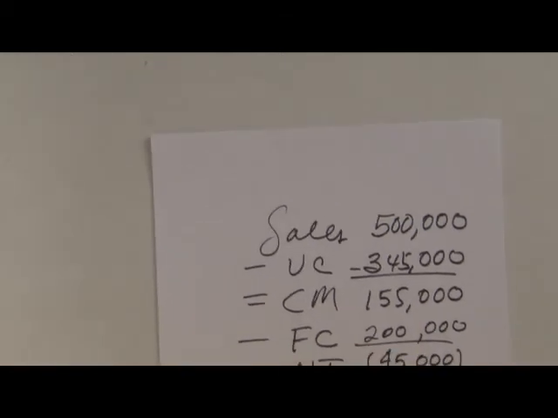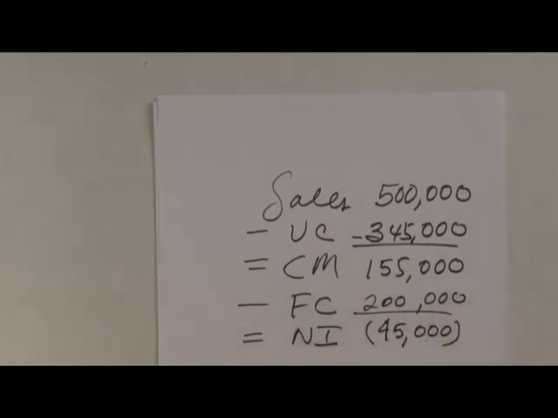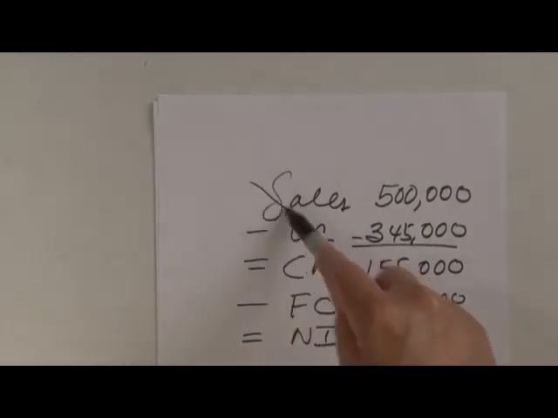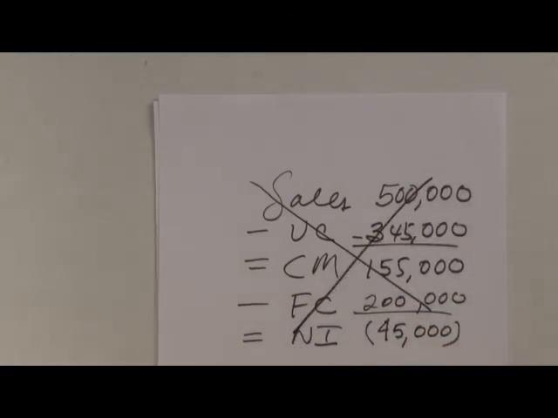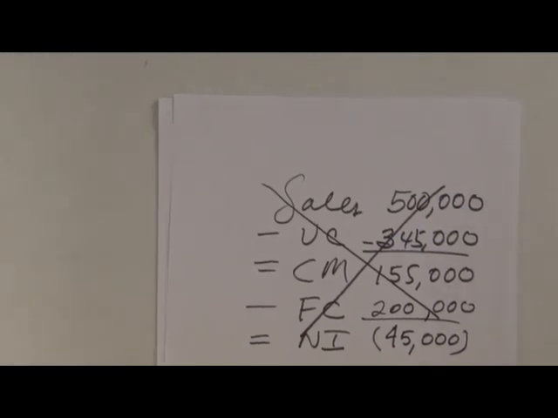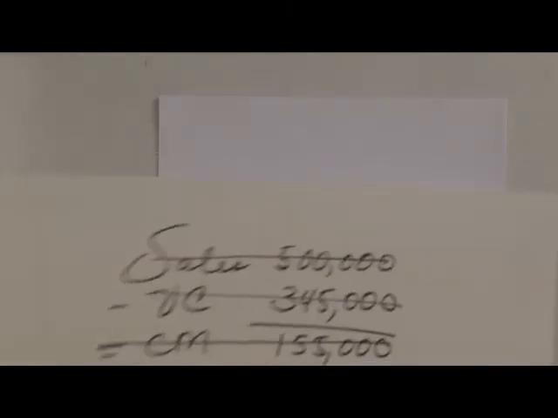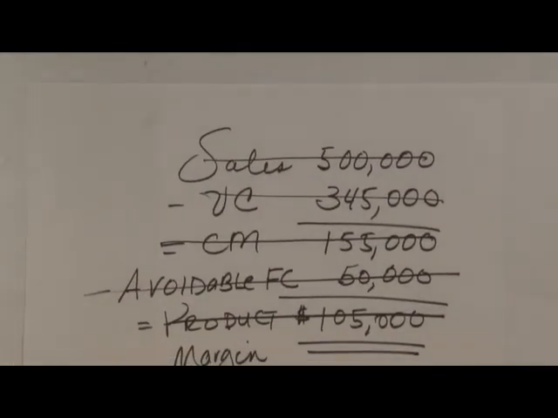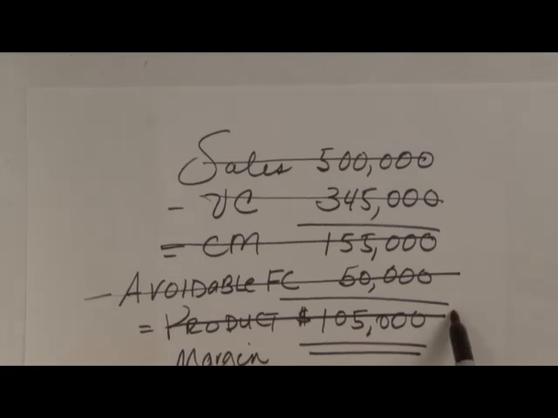So I think this example shows you that if you use this type of income statement, it is very likely you will make the wrong decision. By using the correct statement, we are able to not only make the right decision, but we can also see exactly how much profit that particular department is contributing to the overall profitability of the firm. In this case, $105,000.